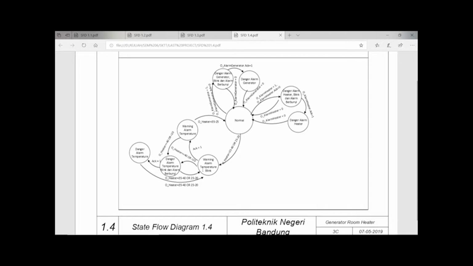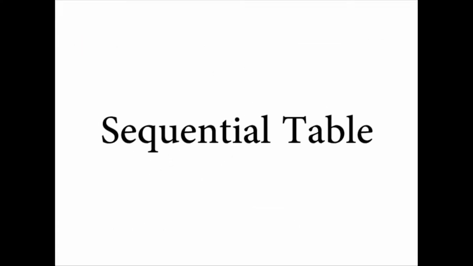But if it's more than 40 or lower than 20 degrees Celsius, it will put the alarm in the danger state. Okay, and I think that's it for the state flow diagram.